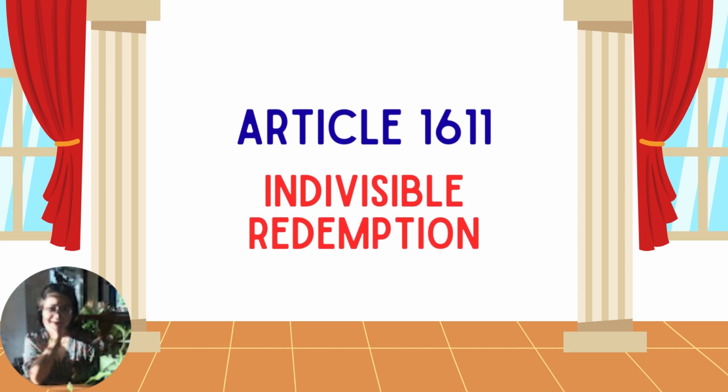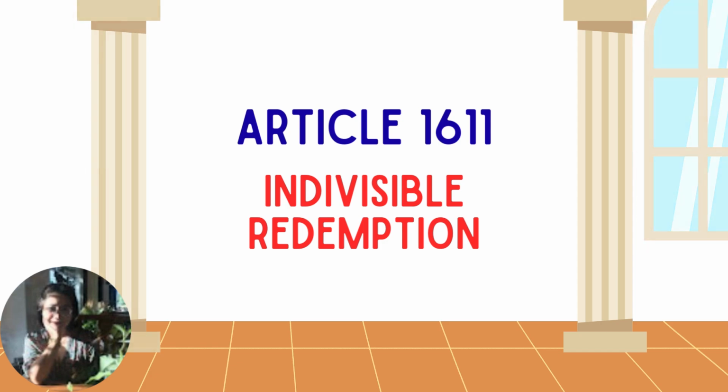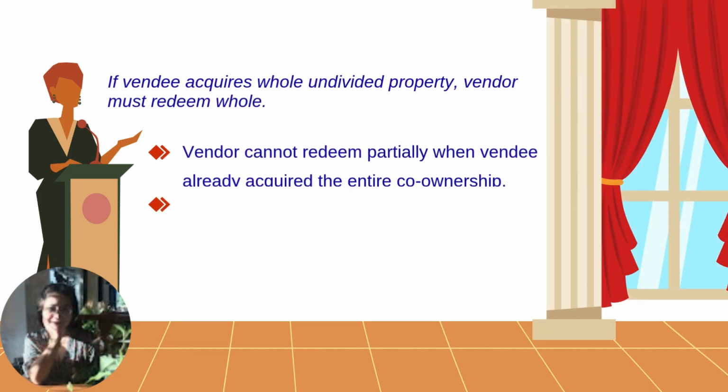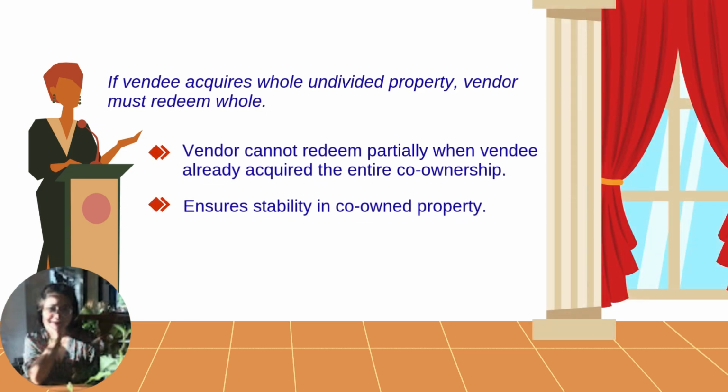Articles 1611 to 1615. These articles govern situations involving co-owners and heirs. This article addresses a specific scenario involving the repurchase of an undivided immovable property, granting the buyer the power to demand the repurchase of the entire property under certain conditions.